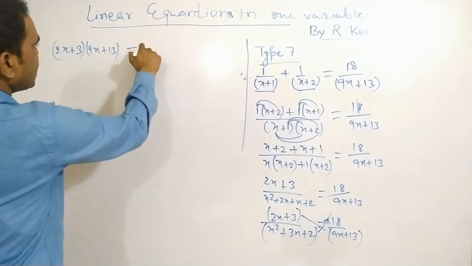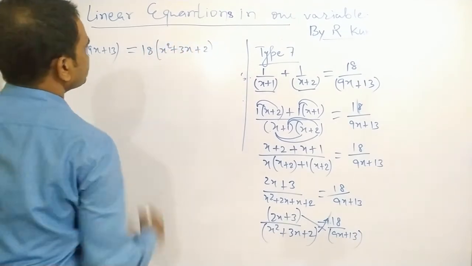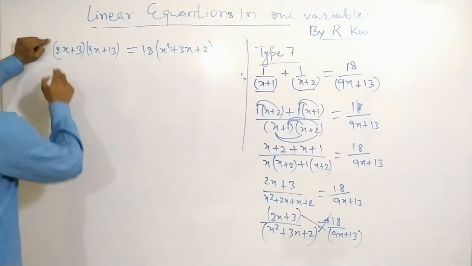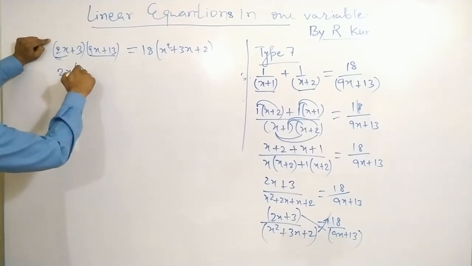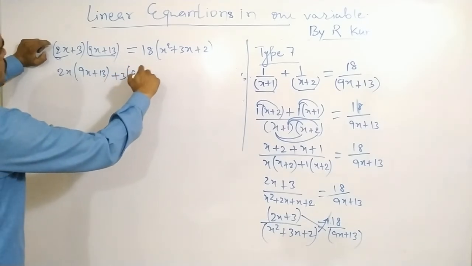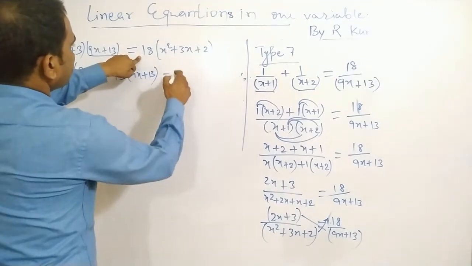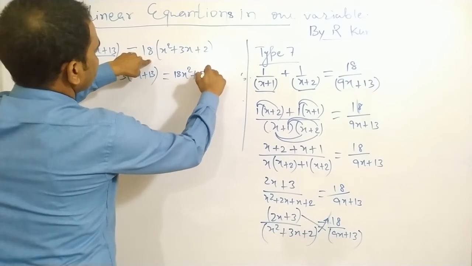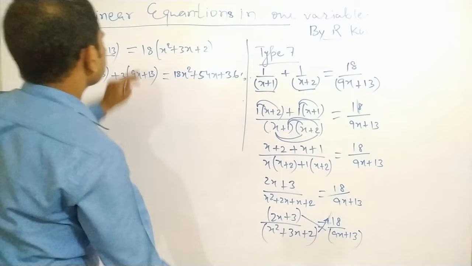Then another side 18 times x square plus 3x plus 2. Now again binomial to binomial multiplication is there, so these 2x will be multiplied by this. So separately I do this, 9x plus 13 plus 3, 9x plus 13, and this side we directly multiply this 18x square, 18 3 ja 54x plus 18 2 ja 36.